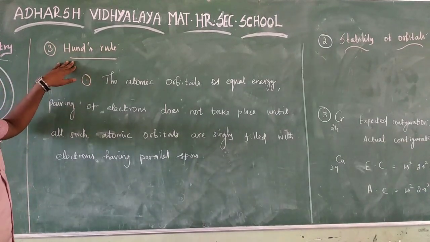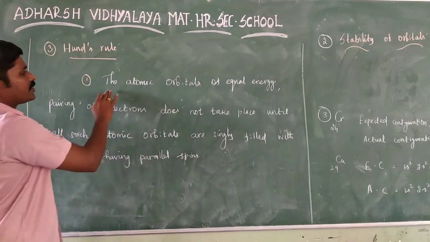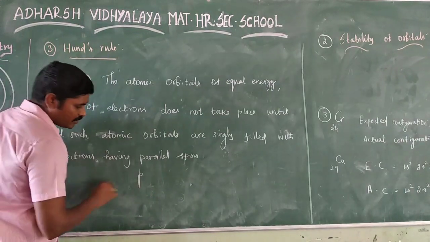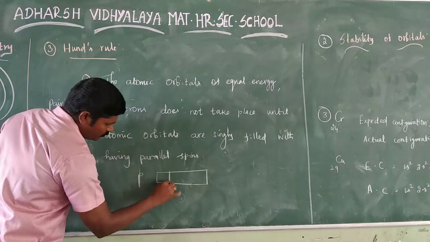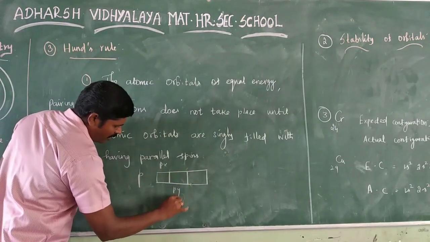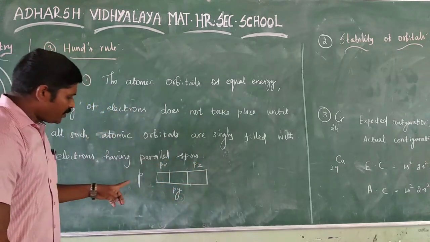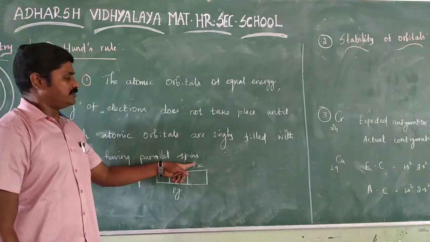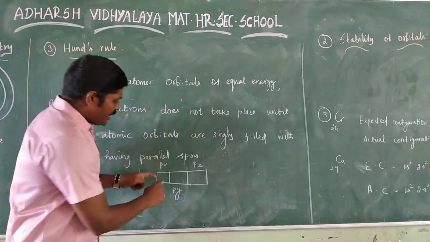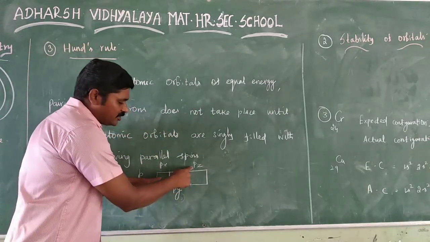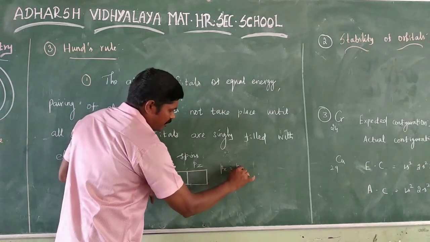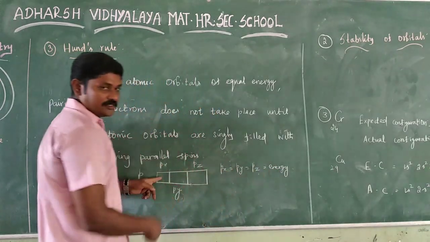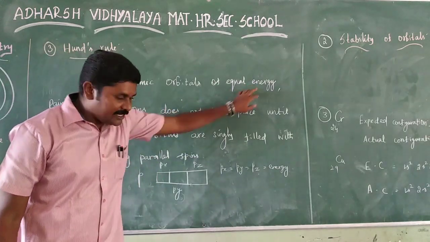Next, Hund's rule. For atomic orbitals of equal energy, like the p orbital with 3 suborbitals, px, py, and pz, px equals py equals pz in energy.